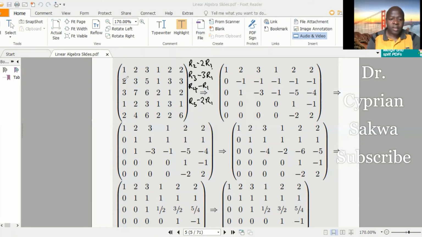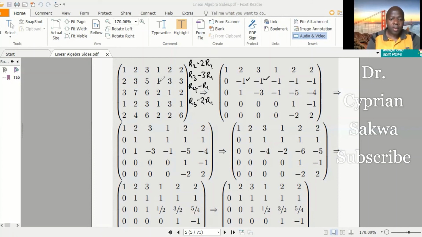So let me just take row 2 minus 2 multiplied by row 1. So this minus 2 times 1 gives me 0. 3 minus 2 multiplied by 2 gives me negative 1. 5 minus 2 multiplied by 3 gives me negative 1.